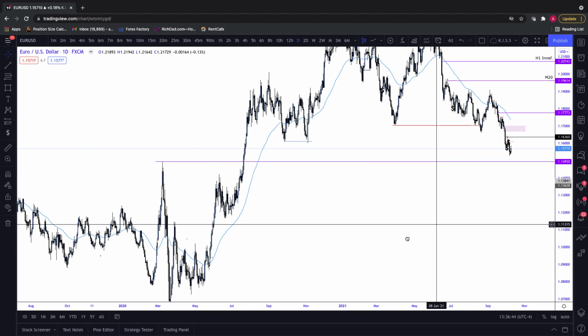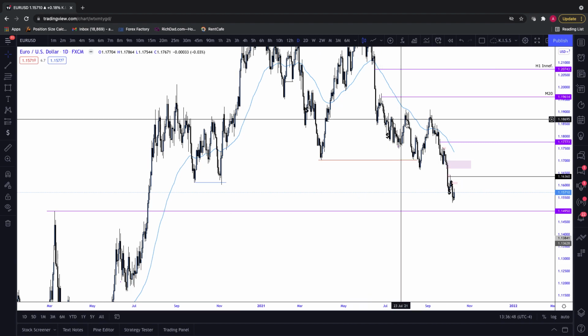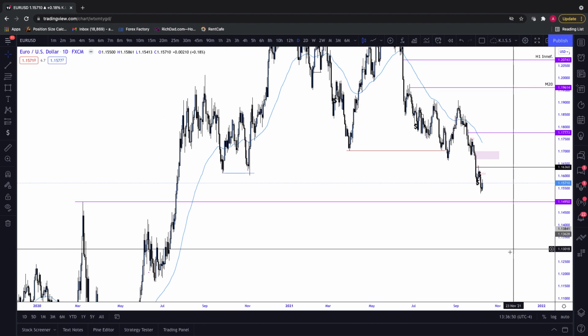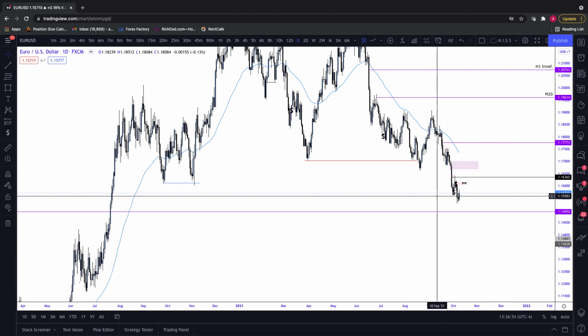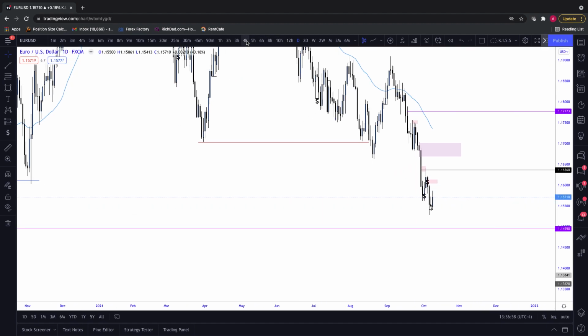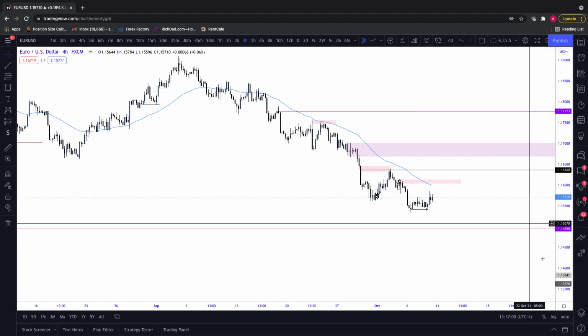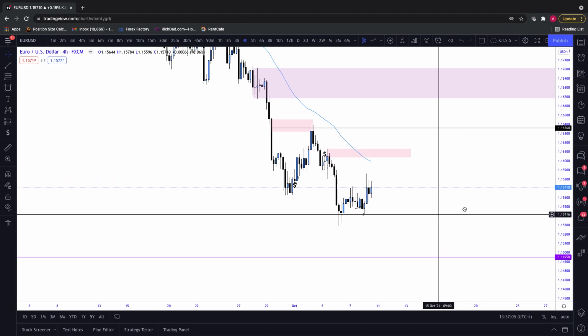Okay, so we've been calling this level for quite some time. Obviously, it's taken a long time to get down here. All right, but we are quickly now approaching that overall objective. Okay, so we're maintaining that bearish order flow down into that 1.15, very key level on Euro USD.